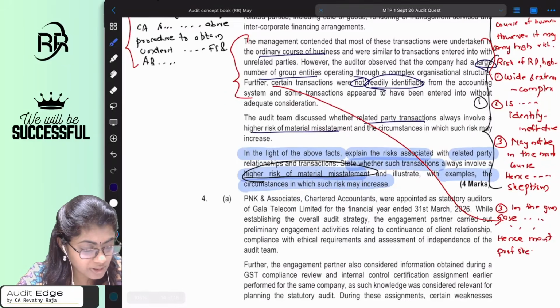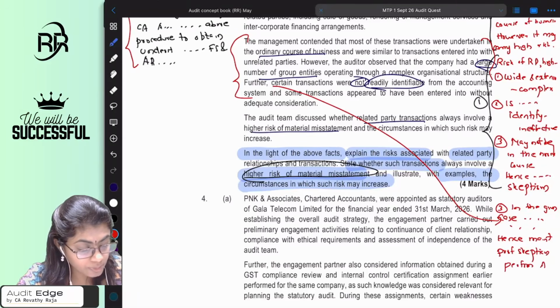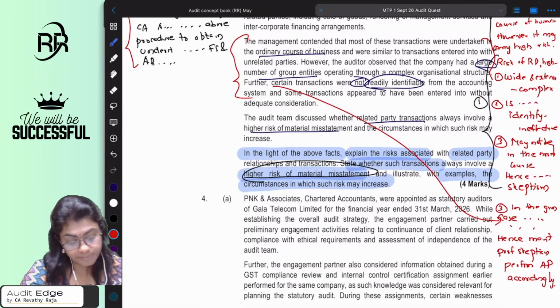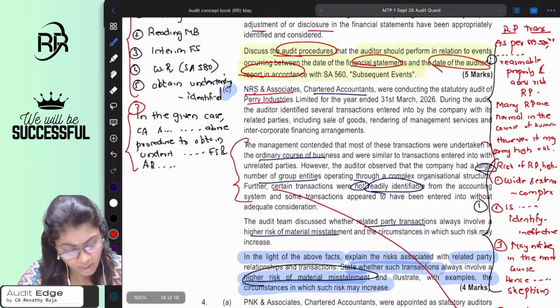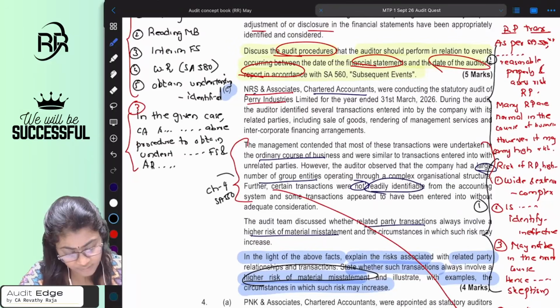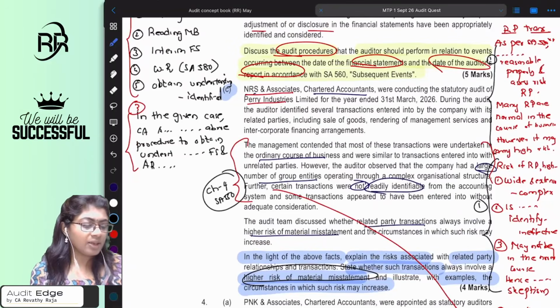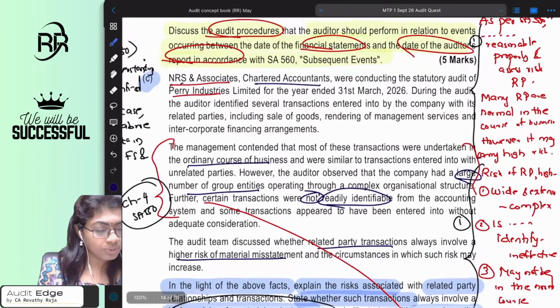You have to be skeptical and perform audit procedures accordingly. That's it. So this question is from chapter number 4, SA 550. Very rarely we get the questions, okay? So just go through the answers, guys.